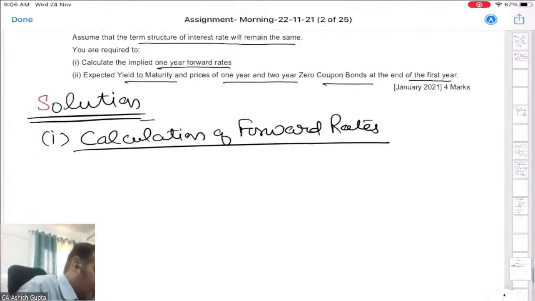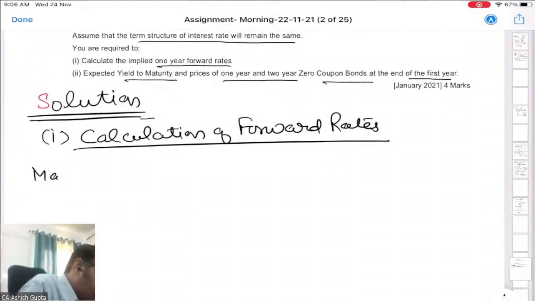Now, when we calculate the forward rate, first of all, we prepare a table.